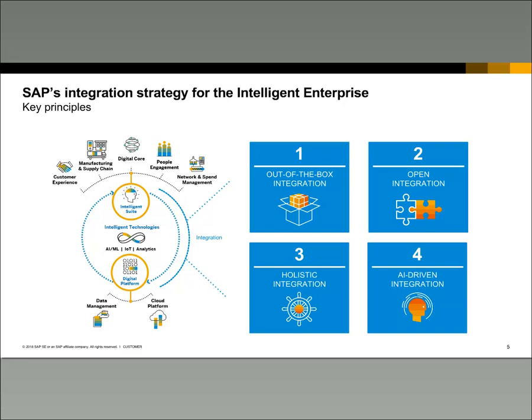So in order to emphasize on making things simpler, what we are trying to achieve here is to provide you as much pre-delivered content as possible. As of today, we stand at 725 plus APIs and 850 plus integration packages that help you connect from SAP to SAP and SAP to non-SAP.